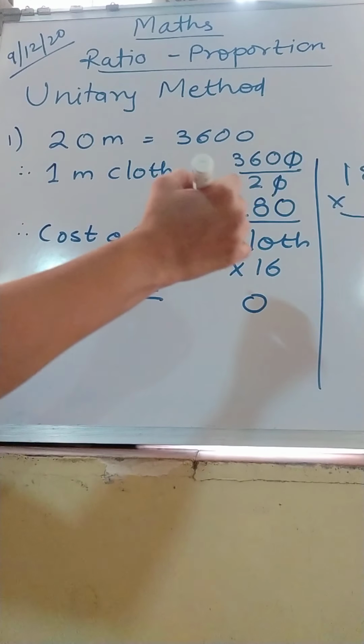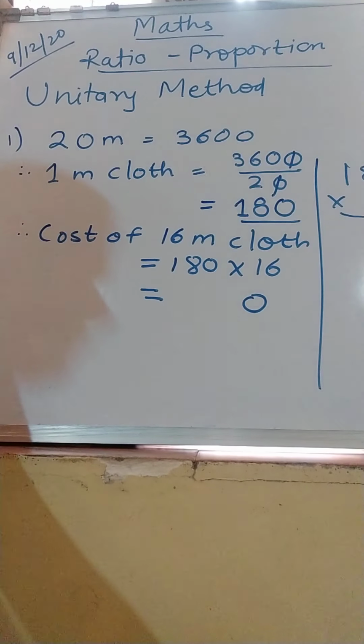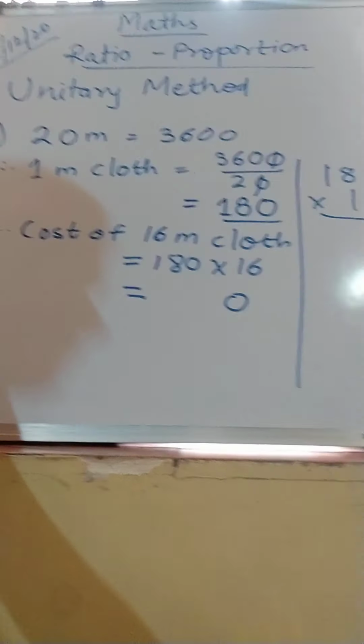If you don't know the 16th table, then you can solve it like this by the multiplication method. 6 zeros are 0, 6 8s are 48, carry over 4, 6 1s are 6 plus 4, 10. Right?